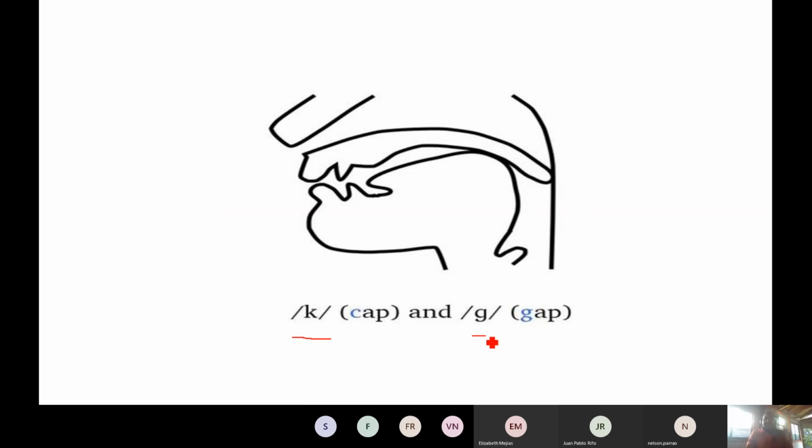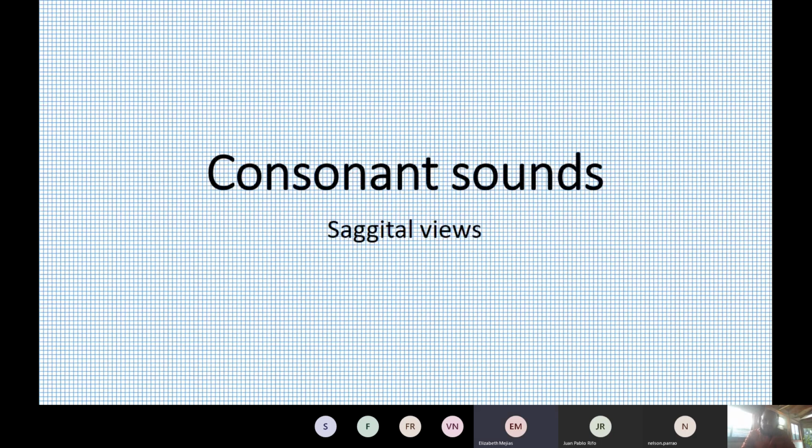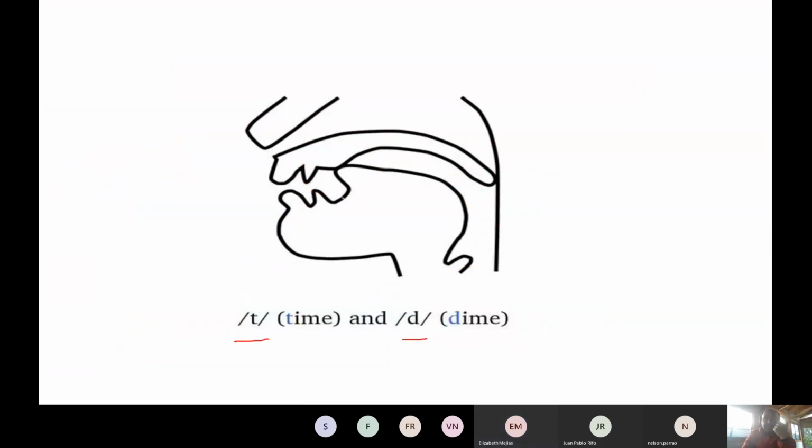All right. Good. How do you feel about these sagittal views? Are they difficult for you to interpret? Easy? Kind of difficult, maybe, but I think it's just memorizing. Uh-huh. Would you like to see some more, or you think you're fine with this?